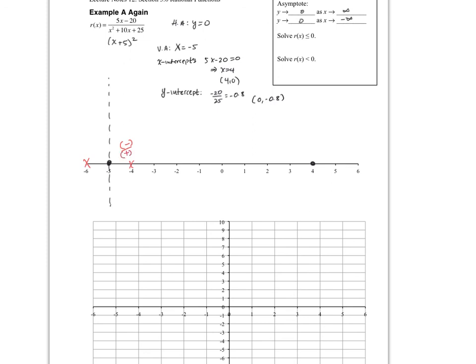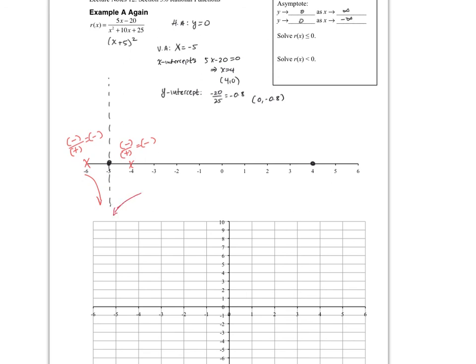And negative over positive is negative, which means that the graph has to be going to negative infinity on this side. If we do -6, we're going to get exactly the same thing. Negative over positive will give you negative, which means that the graph is doing this. And then we know that this point is equal to 0. So it's very likely that the graph is going to look like this.